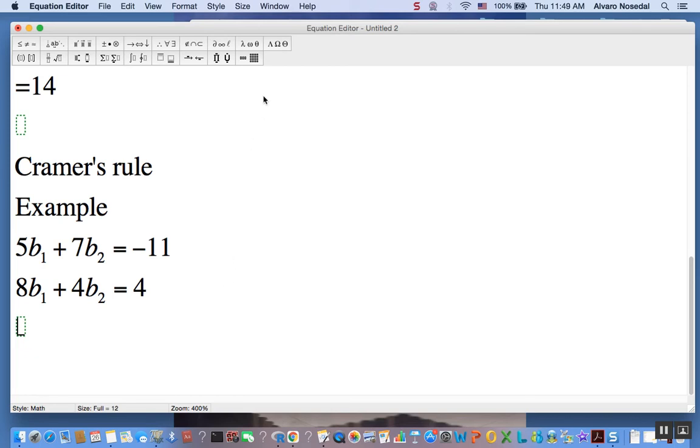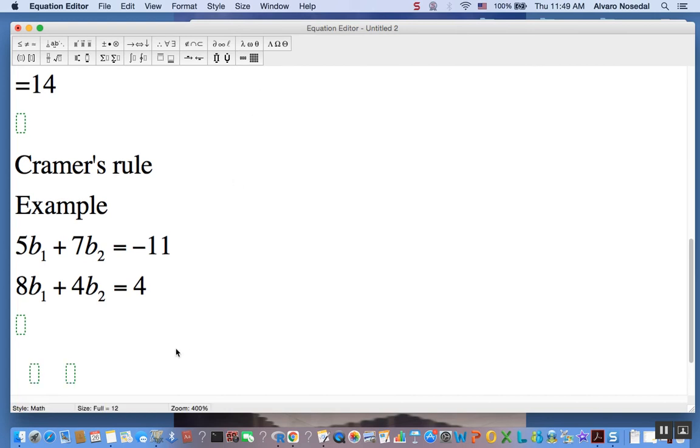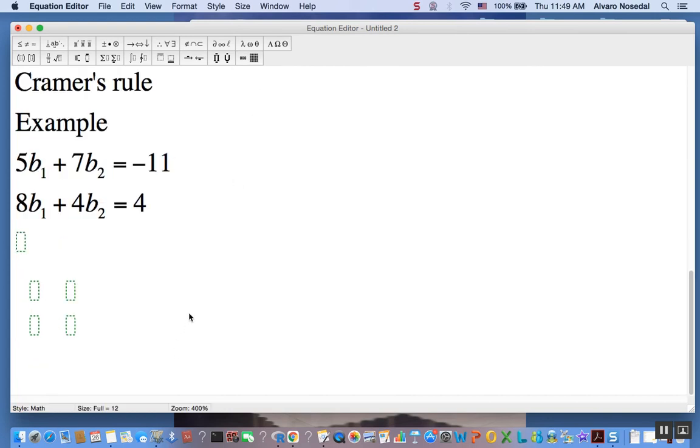What we could do is let's write the matrix defined by these coefficients, the coefficients for B1 and B2. So we would have that kind of matrix.